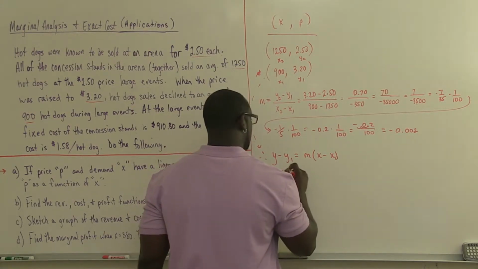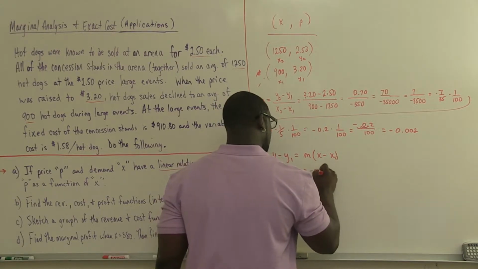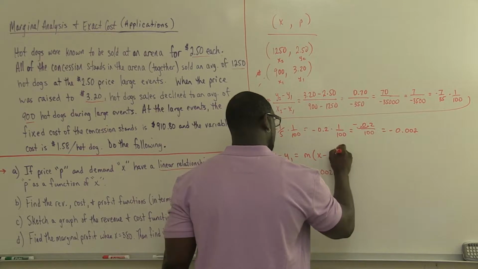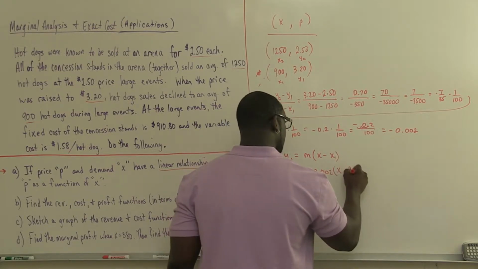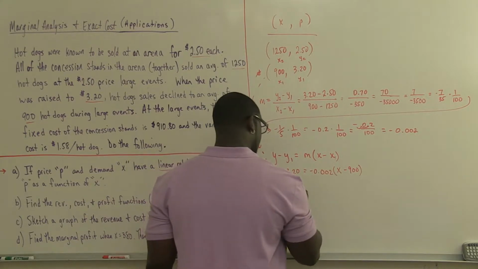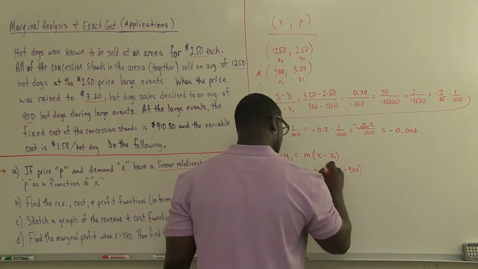And so my y1 is $3.20. My slope is negative 0.002. And my x1 is 900. Okay. So here I'll just go ahead and distribute.